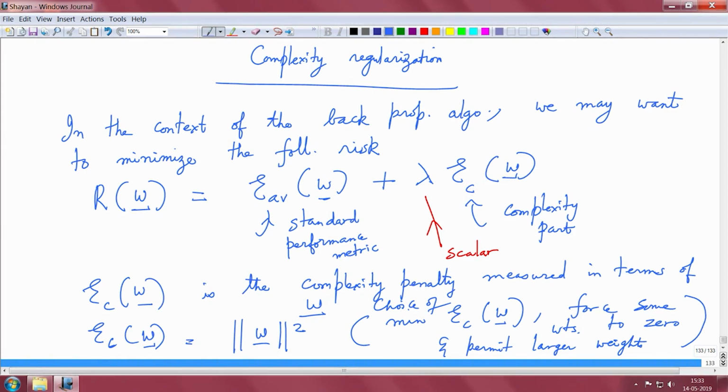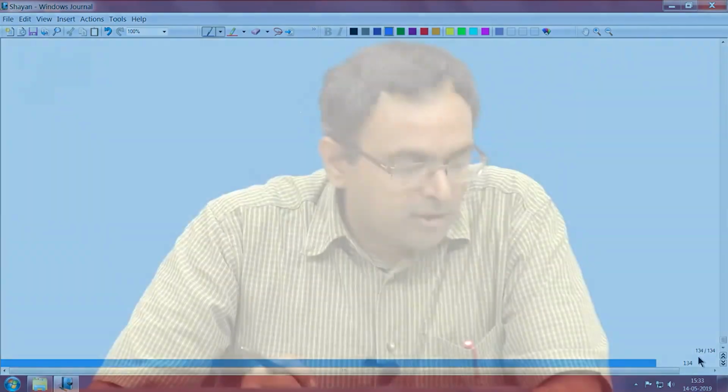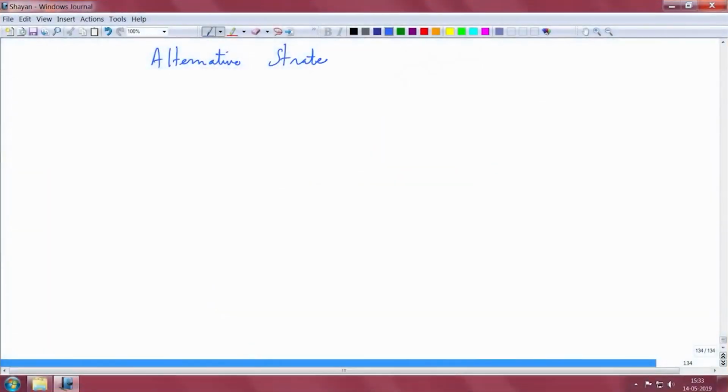So let us discuss some alternative strategies for learning based upon the second order update. So far we have been qualitative, right, more at the conceptual level.